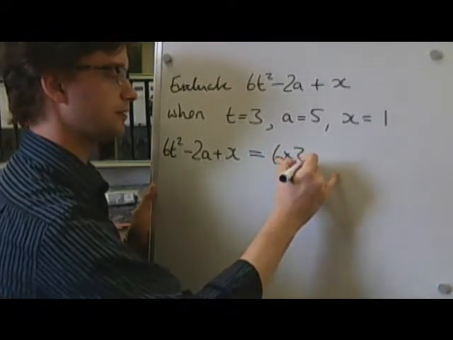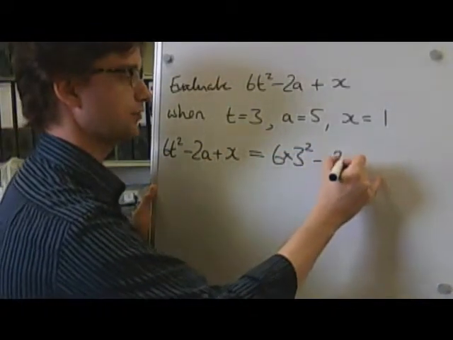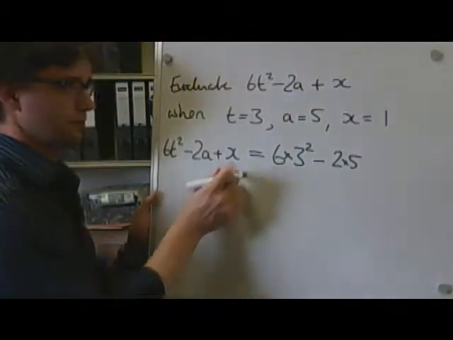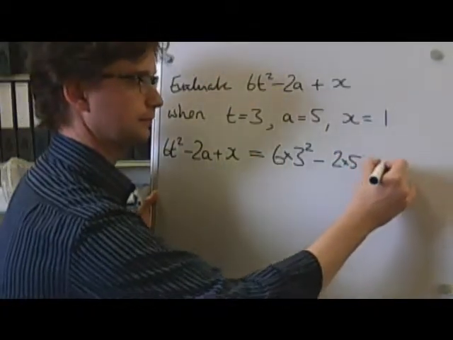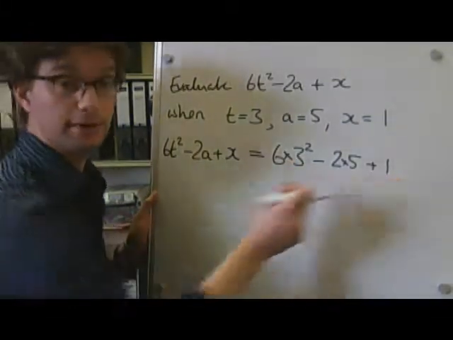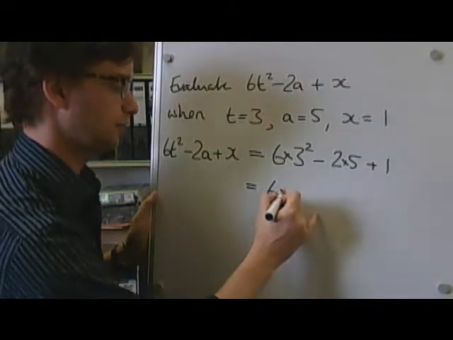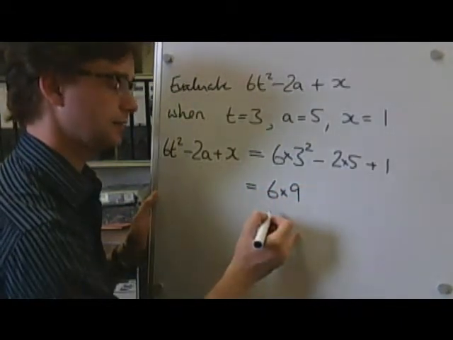So we've got 6 times 3 squared. Minus 2a, so we've got minus 2 times 5. Plus x is plus 1. And then I'm going to treat these as 3 separate terms, one after the other. So I'm thinking, what is 3 squared? It's 9.